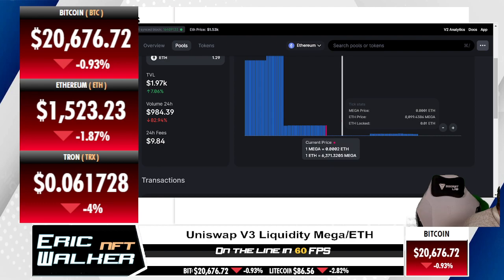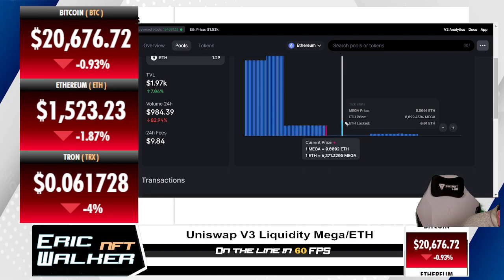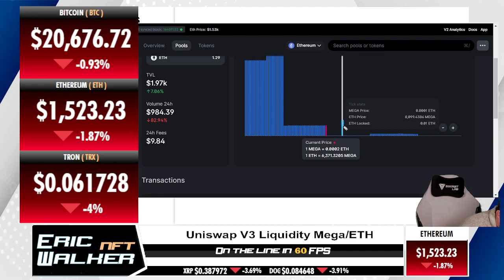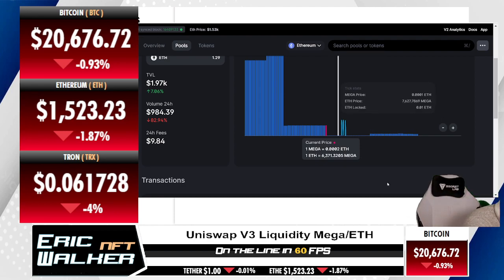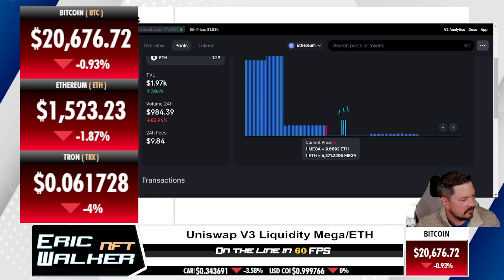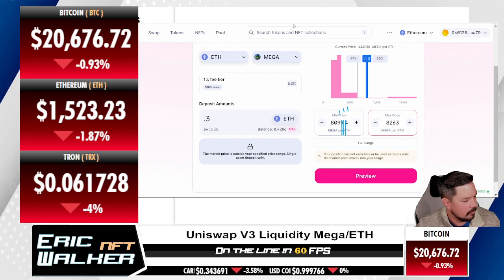It'd look like this, and it would go up to about 8,200 equally placed. So right there, guys, is us providing liquidity in this tight little range, okay? That would be 0.1 ETH. That's how we just provided liquidity for, again, this 8,099 to 8,263, okay?